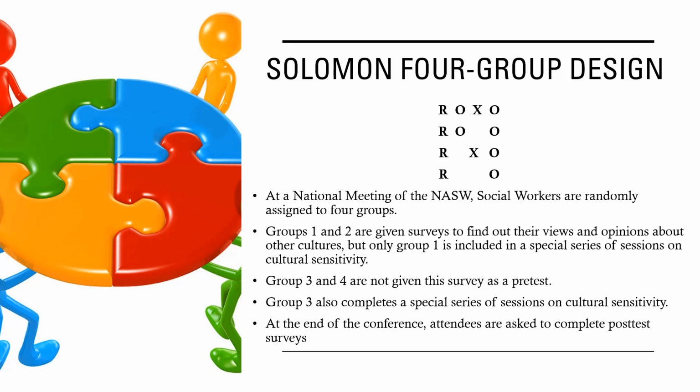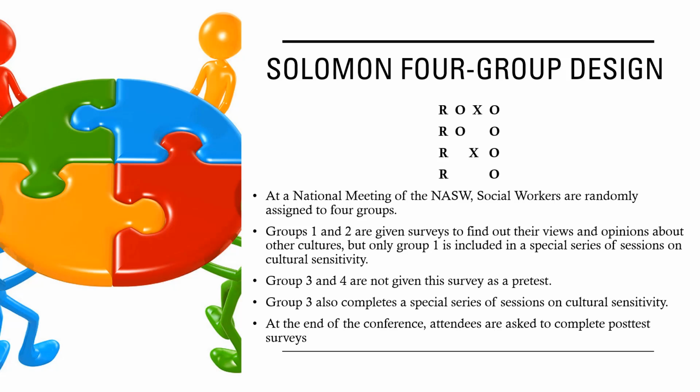And the way in which it does that is by pairing the classic experimental design with the post-test only control group design. So if you look at the first two lines, that's the classic experimental design. And then the third and fourth line is the post-test only control group design. So instead of randomly assigning people to two groups, the research participants could be assigned to four groups, and those procedures would run in parallel with one another.